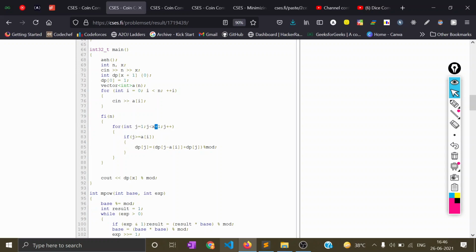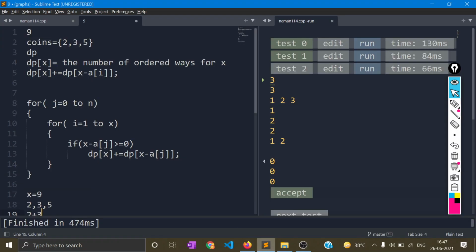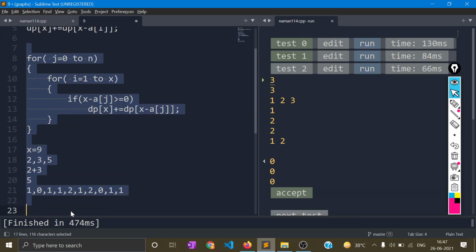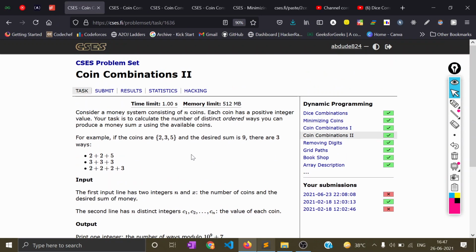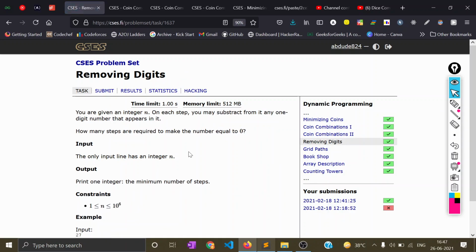Then I iterate from j equal to 1 to x, and here is a DP relation, and yes, the answer would be dpx percentage mod, right? Hope that this approach is clear to you, why we are considering ordered ways here, because we are not considering the particular index again, right? So with this, let's end this video, and a little spoiler to Removing Digits.